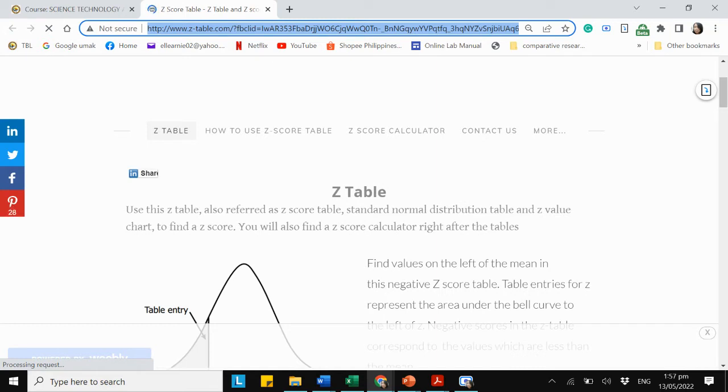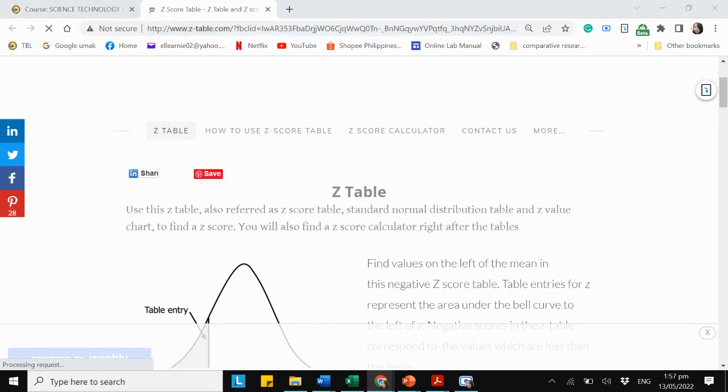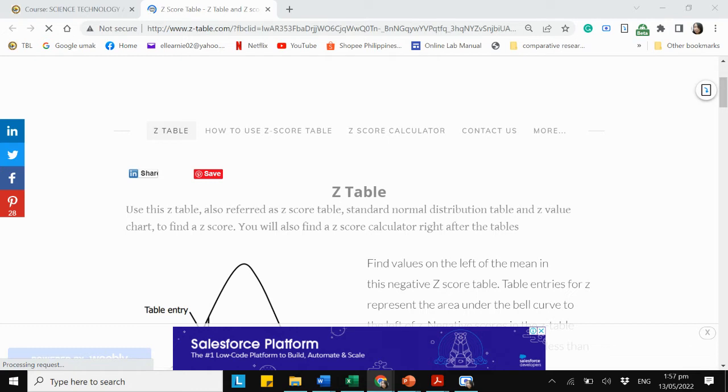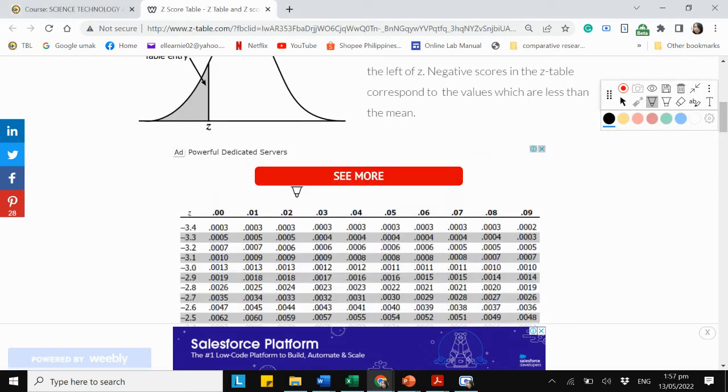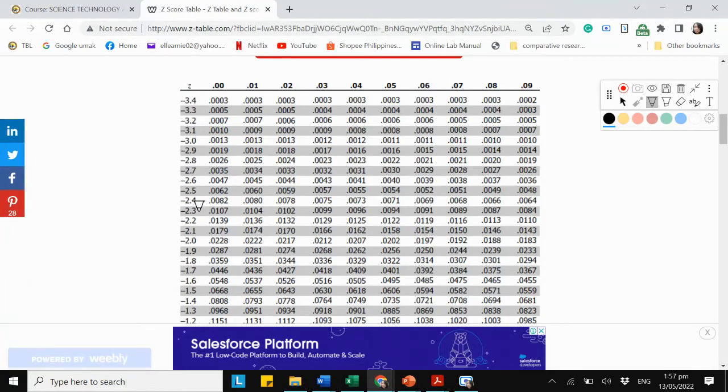Okay, so this is the table that I'm referring to wherein it contains both positive and negative z table. So usually, if you're going to look at the z table, you can be able to identify if it is for a negative value or a positive value. So titingnan nyo lang yung first column here.